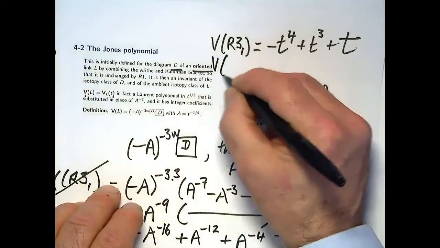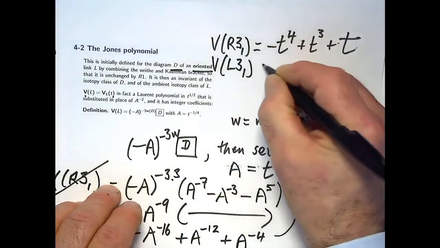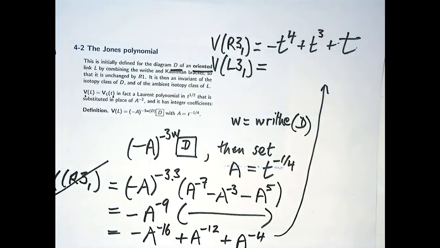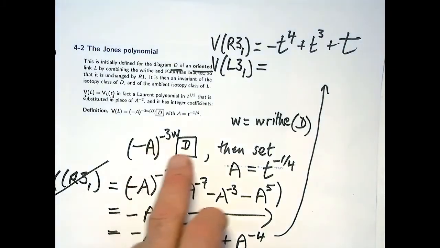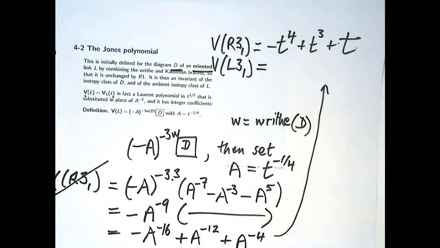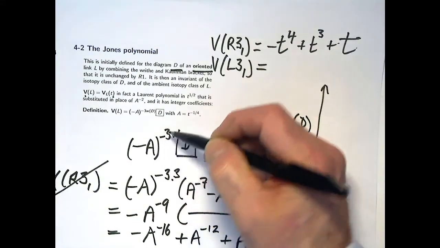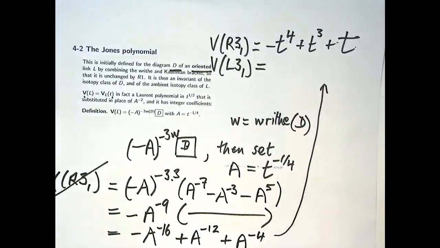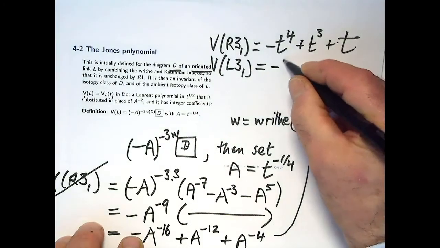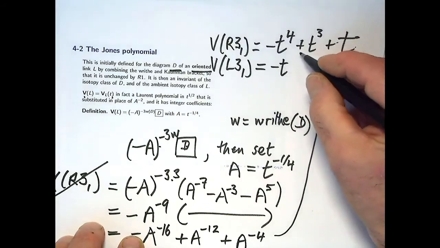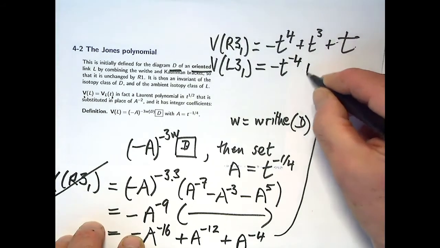The Jones polynomial of the left trefoil knot: we know that for the Kauffman bracket you just replace A by A inverse, but when you change from left to right, you also negate the writhe. So if the writhe was positive for the right trefoil knot, which it is, it's negative for the left trefoil knot. So both terms change when replacing A by A inverse. So again, we just replace t by t inverse. So the Jones polynomial of the left trefoil knot is this quantity here.